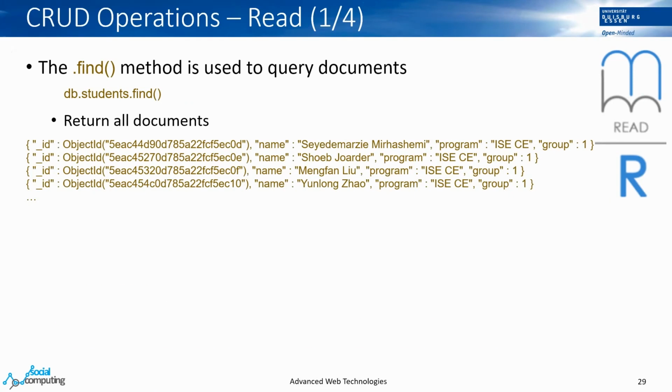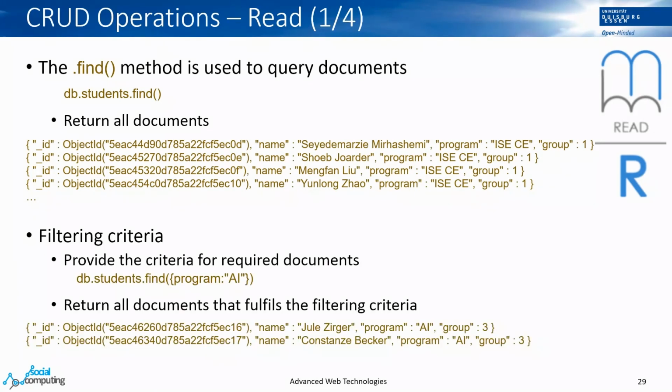But you don't always require all the information, so you usually have some criteria to get the data. You can provide the criteria by specifying the field and its value in the find method, and then it will automatically retrieve all those documents which fulfill this criteria.